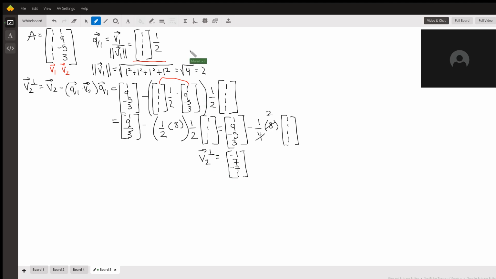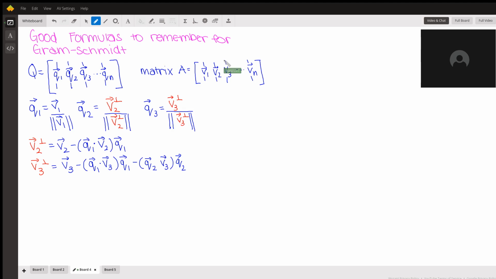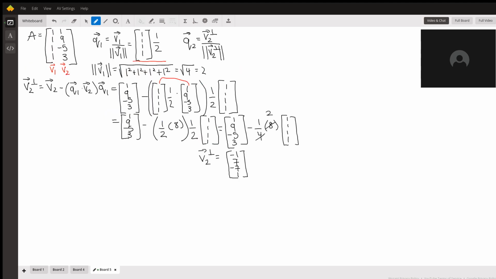Q2 equals V2 perp over the magnitude of V2 perp, as we see in the formula sheet right here. The magnitude of V2 perp is the square root of all the components on the inside: negative 1 squared plus 7 squared plus negative 7 squared plus 1 squared.